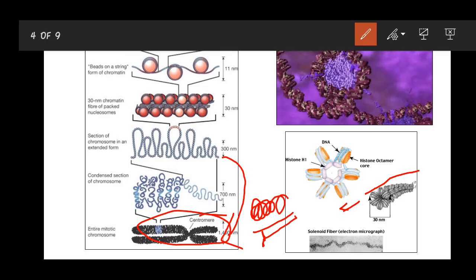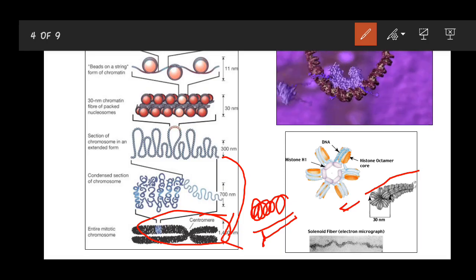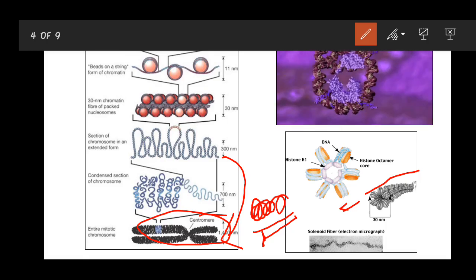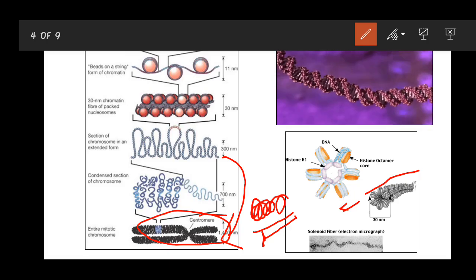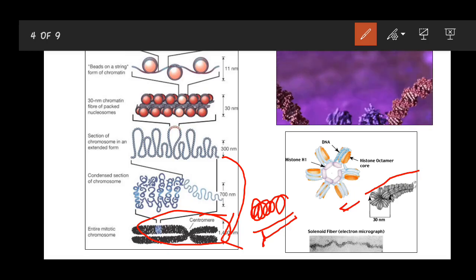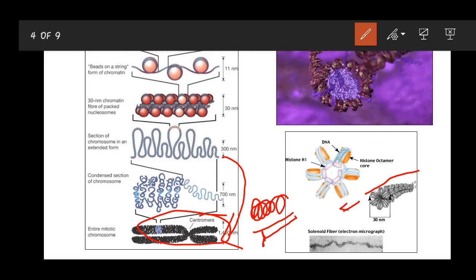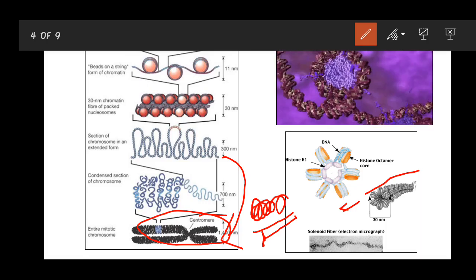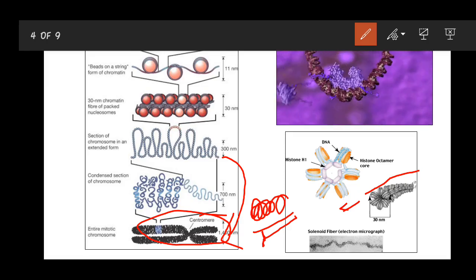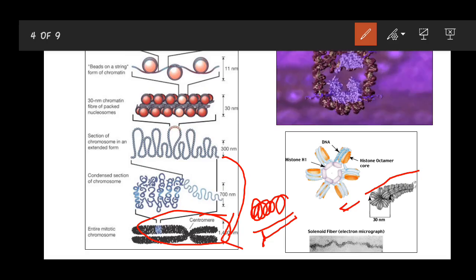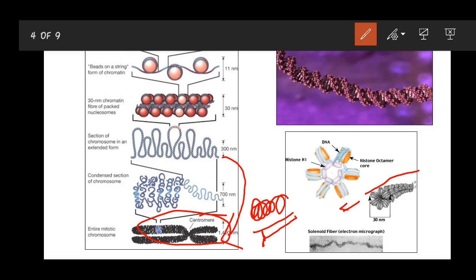If it is a human cell, all the 46 chromosomes or 23 pairs will be present in the form of solenoidal threads, and that starts to form a chromosome only during the different stages of division in either mitosis or meiosis. Otherwise, the DNA is seen in the form of solenoidal structures.